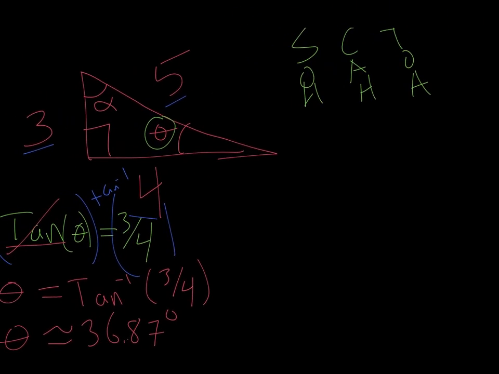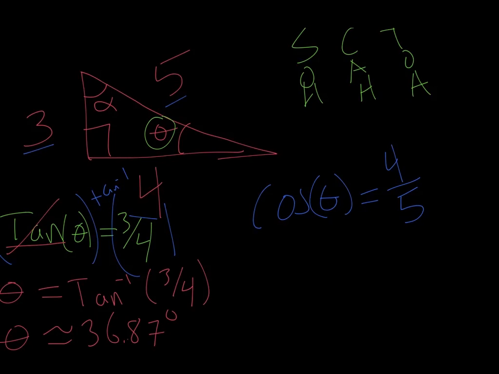Let's say I wanted to use cosine. So cosine involves adjacent and hypotenuse. So I could say cosine of theta is equal to my adjacent, 4, divided by my hypotenuse, 5. Now, by the same logic, I can apply cosine inverse just the same way I did tangent inverse.